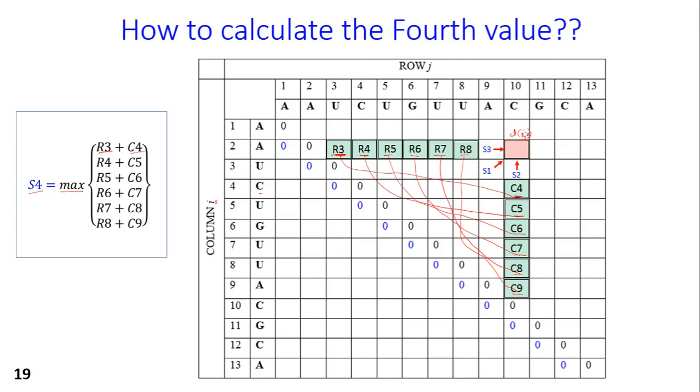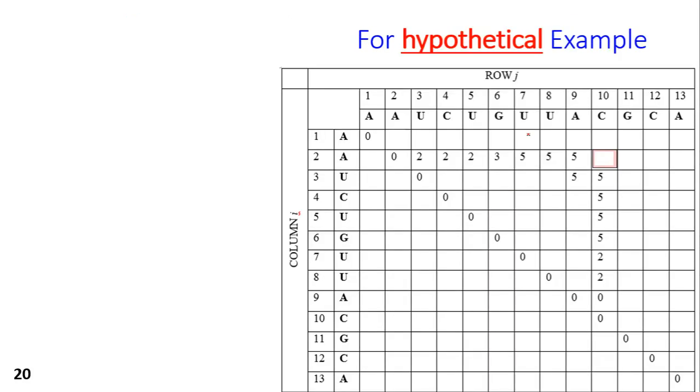So this is how it needs to be done. I would just give you a hypothetical example. It is not the same sequence that we are dealing with. If you want to find out what would be populated over here, we need to figure out that the value in this column would be dependent on these three positions: the previous diagonal box, the adjacent diagonal box present in its column, and the adjacent diagonal box present in its row.